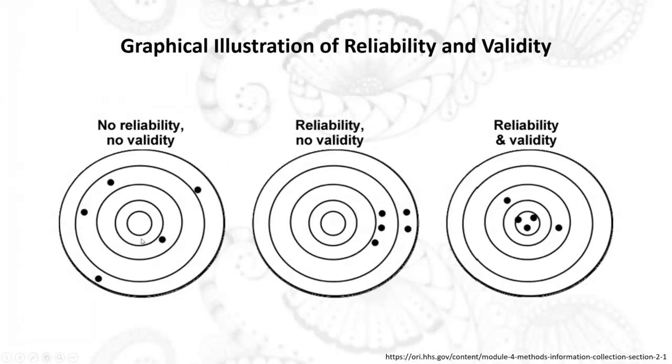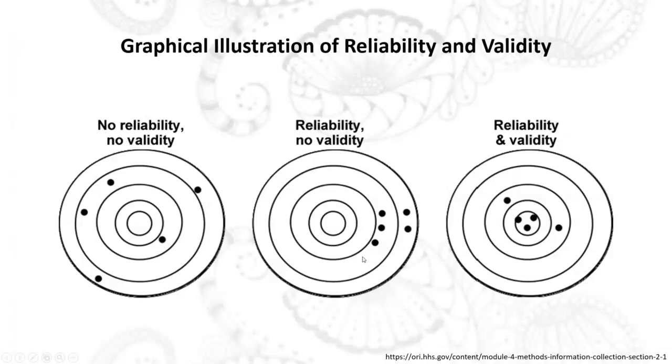For the dashboard, valid is at the central. If the dot can appear at the central, it is valid, but it is not in this case, so it is not valid. It is not reliable because the points are scattered around, not in a specific region. For the second one, it is reliable, but not valid.